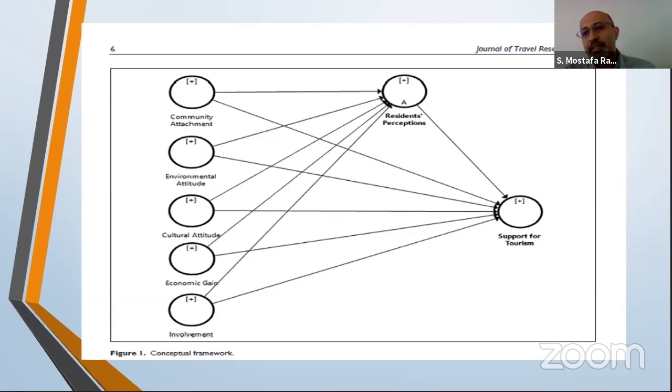In first place, we need to support the relationship and effect of community attachment on support, right? When we say resident perception mediates the relationship between community attachment and support, or that community attachment has an indirect effect on support for tourism development through resident perception, it means we believe community attachment has an effect on support.